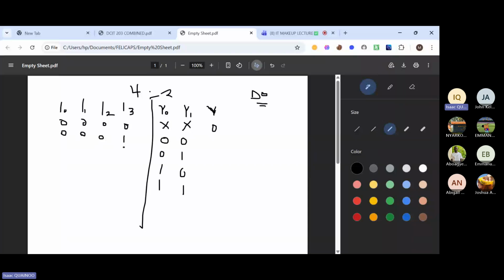So this here will be 1 because D0 will be high. If it is 0, 1, D1 will be high. If you have 1, 0, D2 will be high. And if you have 1, 1, D3 will be high.